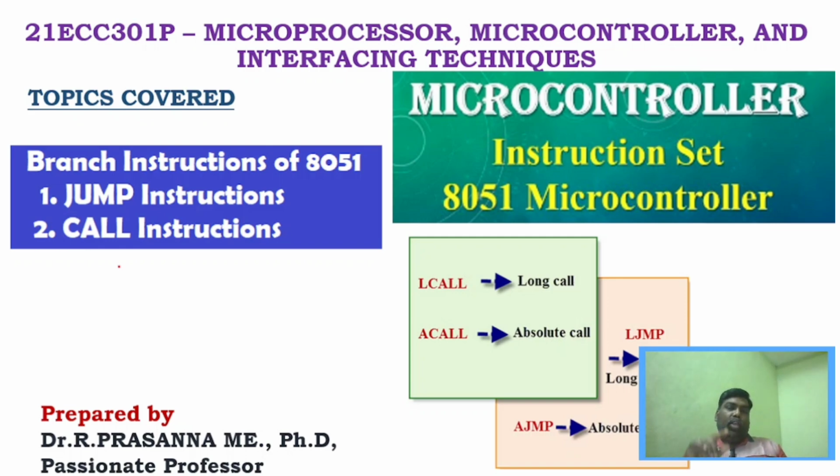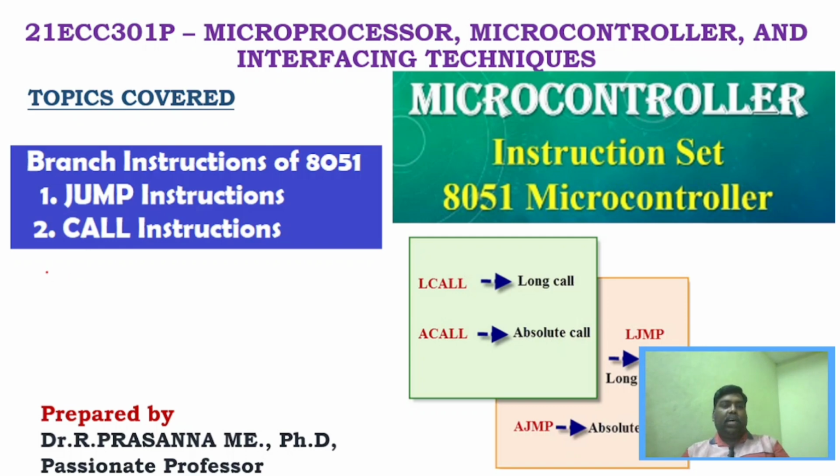Whenever you want to jump to any particular instruction, you would have given a label like here, over, something like that, right? Whenever you give that, you would have come across this jump instruction. So what jump instruction will do, it will change the program counter permanently.